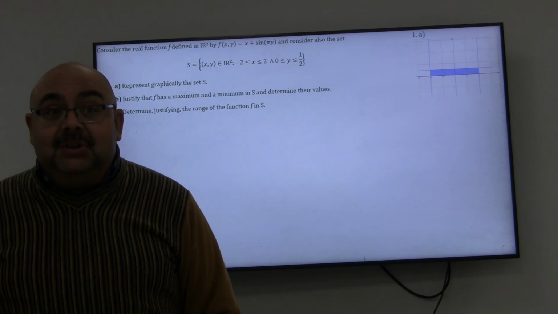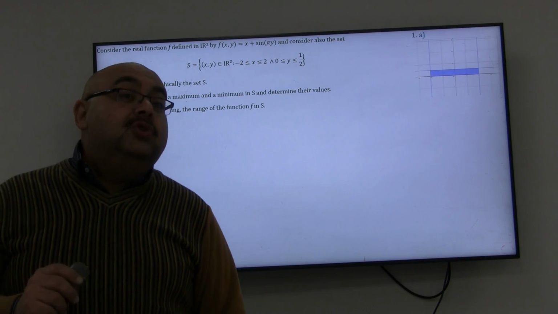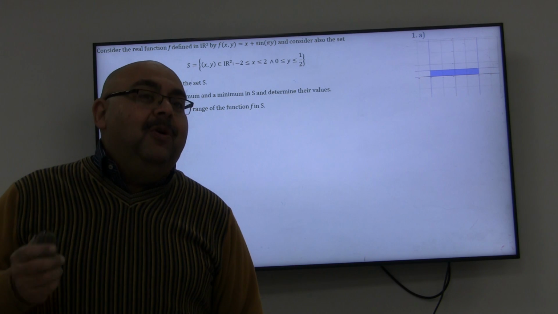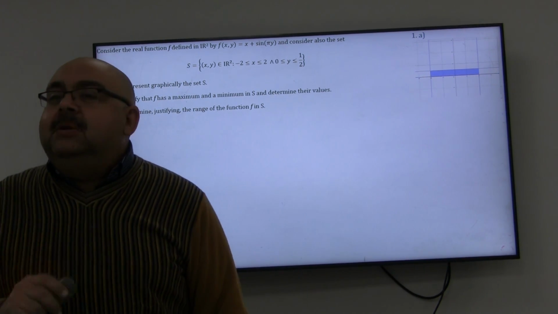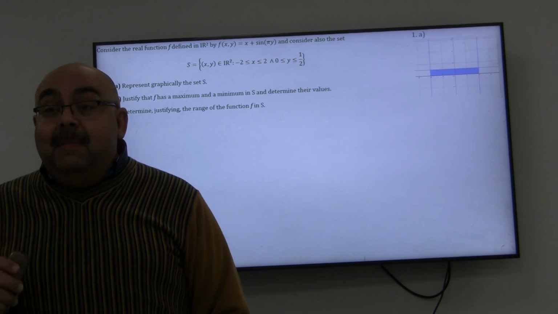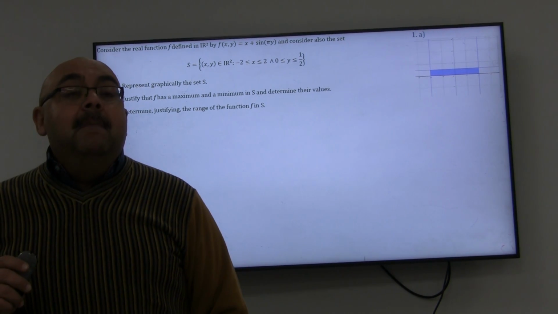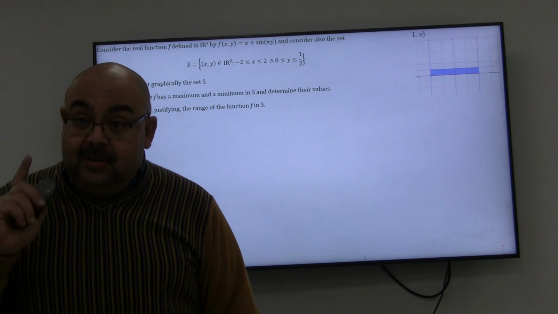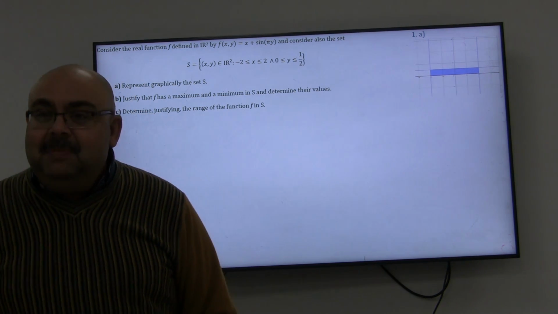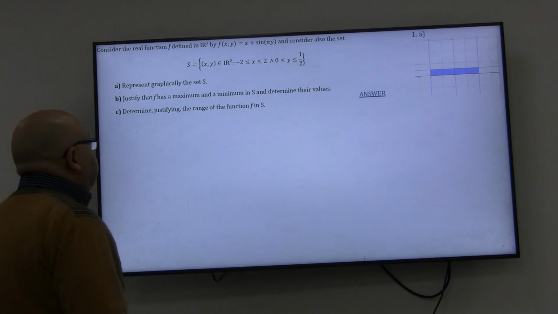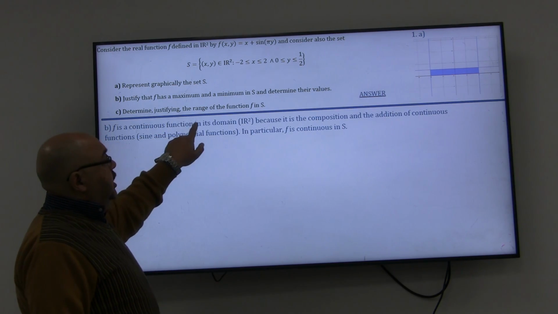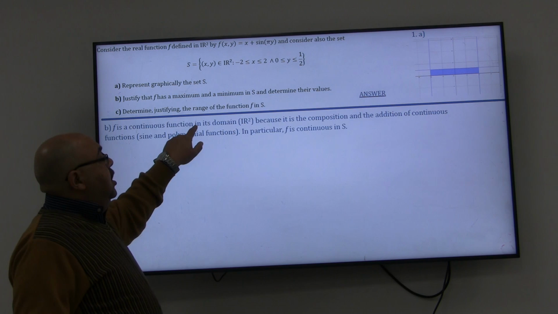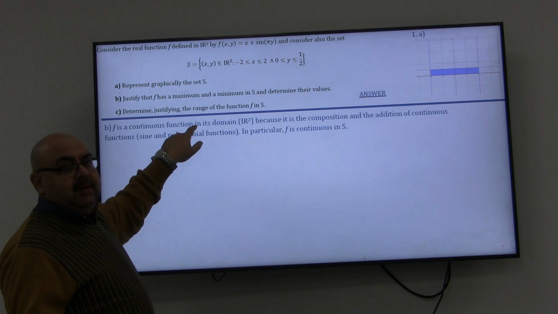A compact set is related to the topological part of our course, the first and second weeks. Compact means the set is bounded, this is number one, and closed. That means compactness. So I will start from this point. Okay, f is a continuous function in its domain, that's the first condition for applying the Weierstrass theorem.